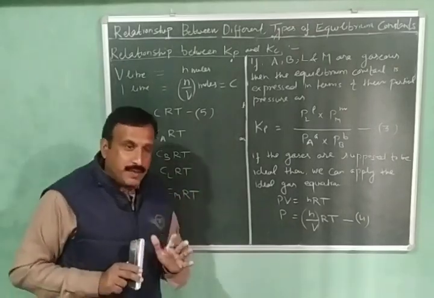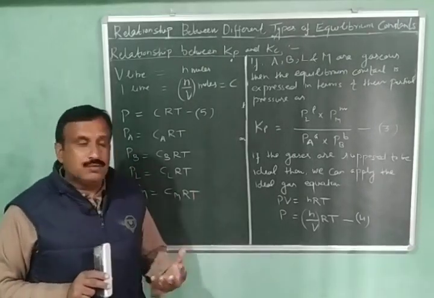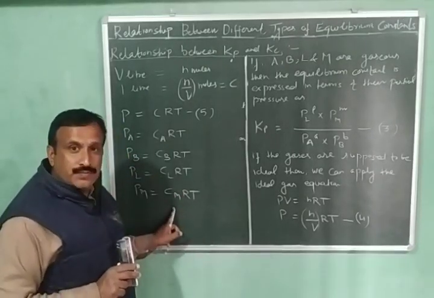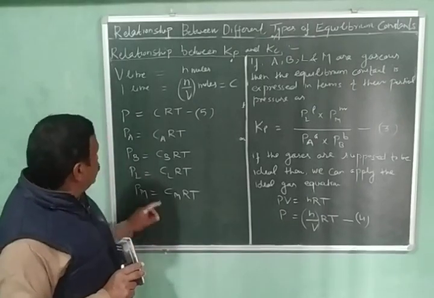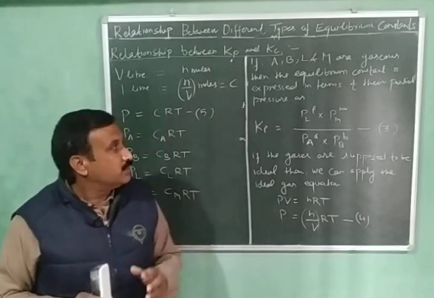So now we have expressed the partial pressures of A, B, L and M in terms of their molar concentration. And now we will substitute the values of partial pressures in equation number 3.